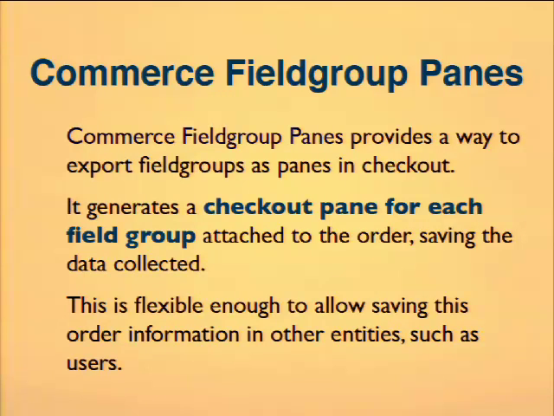Does it support fields attached to users and orders? Yeah, the way to do that is duplicating the field, both in the order entity and the user entity. You can assign the information with a rule in the checkout completing event.